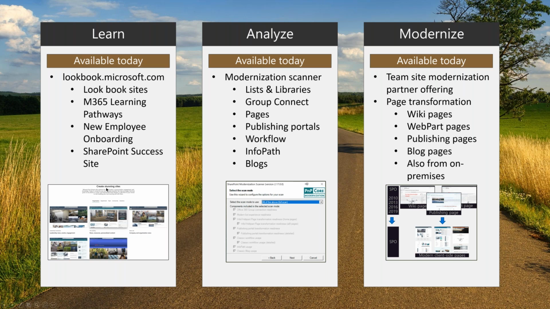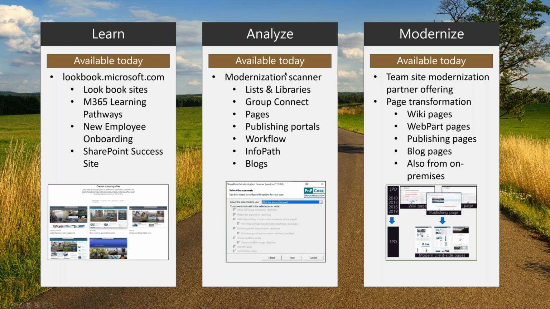On lookbook.microsoft.com, there are several sites. Ones to highlight are the Learning Pathways site, a training site that lets you give your end users tailored training content on Microsoft 365. We also have a new employee onboarding site, a SharePoint success site, and many other marketing-type sites.